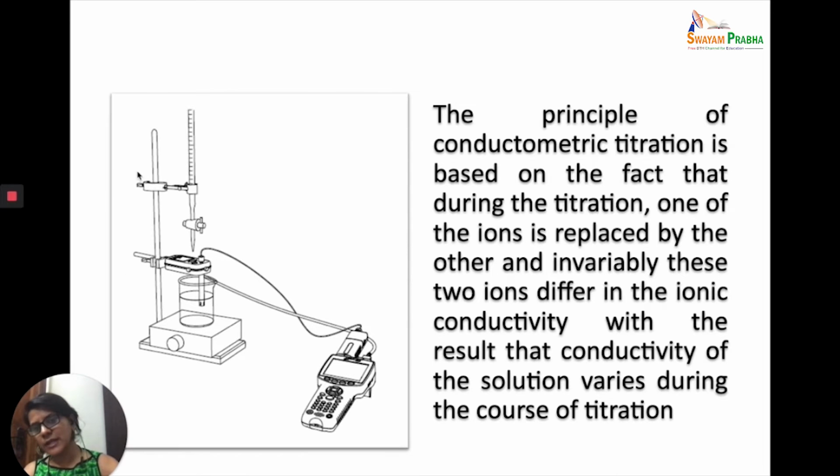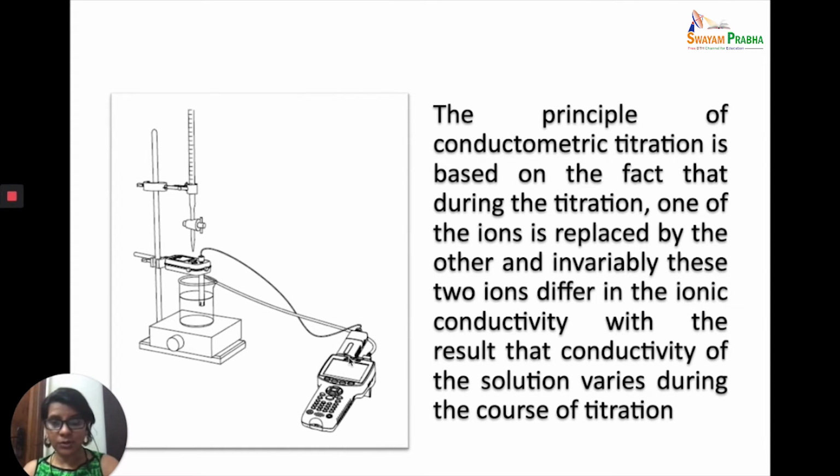The setup looks like this for conductometric titration. In the conductometric titration, instead of using a conical flask, you are using a beaker. You can use a 100 ml beaker, 250 ml beaker as per your requirement. In this beaker, you take the solution of unknown concentration or your analyte. Take the titrant, the solution of known concentration in the burette. You put a conductivity cell which is attached to a conductance bridge.